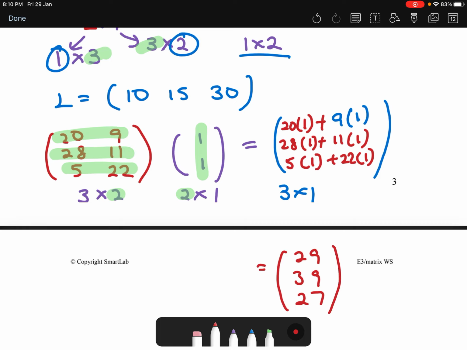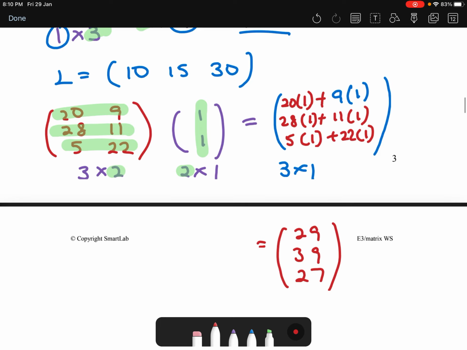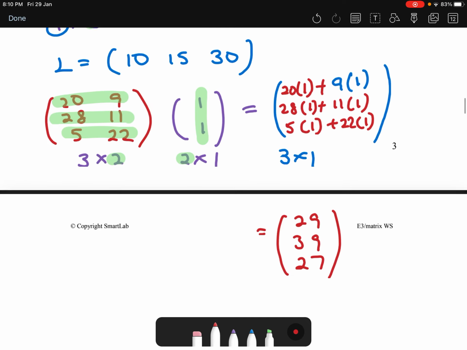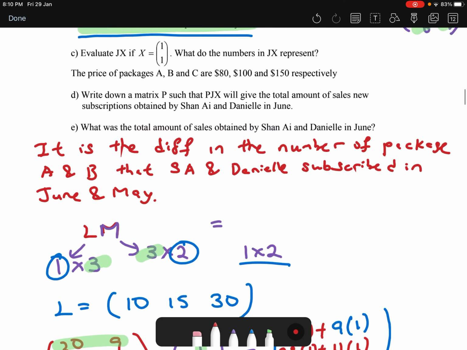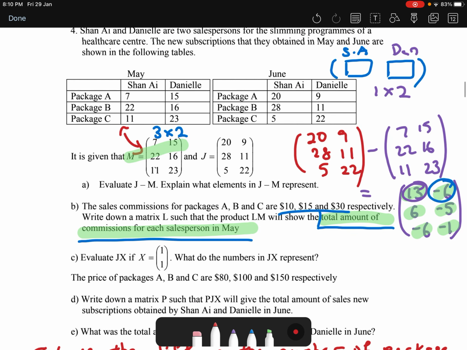So we evaluated the JX, but what do all these 3 elements represent? Let us take a look at the table again.